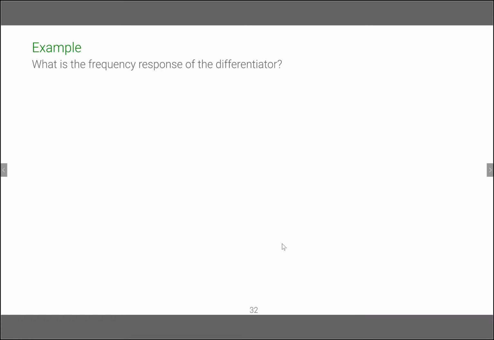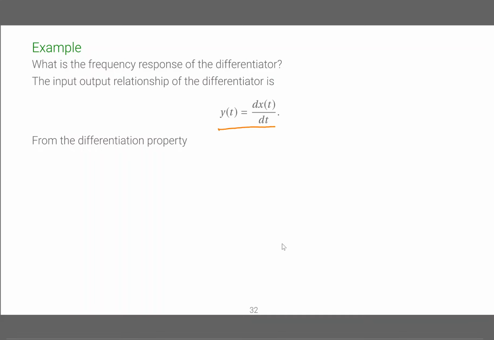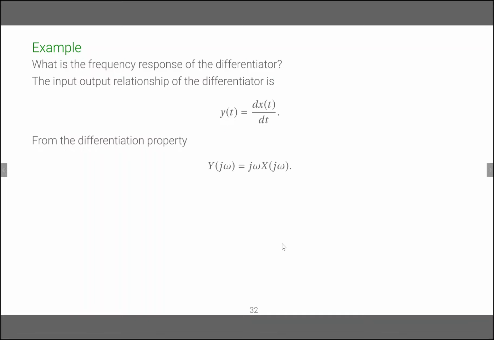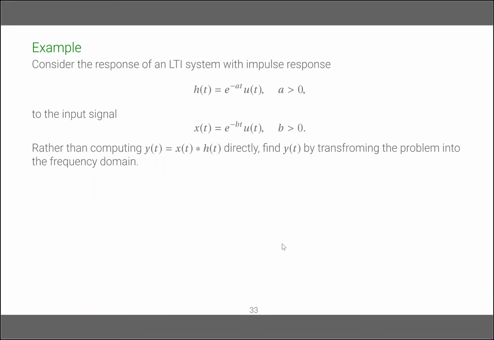So what is the frequency response of the differentiator? y(t) is equal to dx(t)/dt, that's the differentiator. From the differentiation property, Y(j omega) is equal to j omega X(j omega). We know this theorem, the differentiation property. So therefore, this must be the multiplication of H(j omega) and X(j omega). So therefore, our H(j omega) must be just j omega.